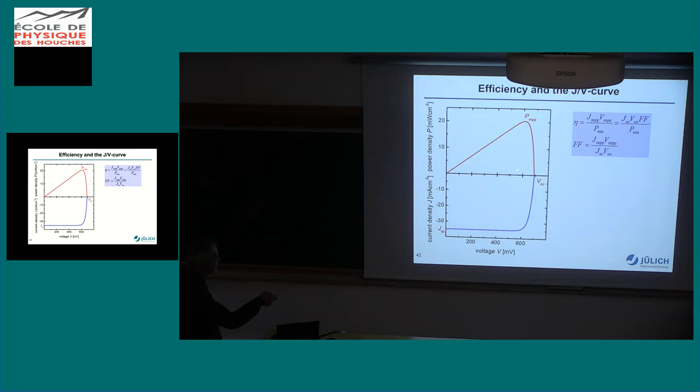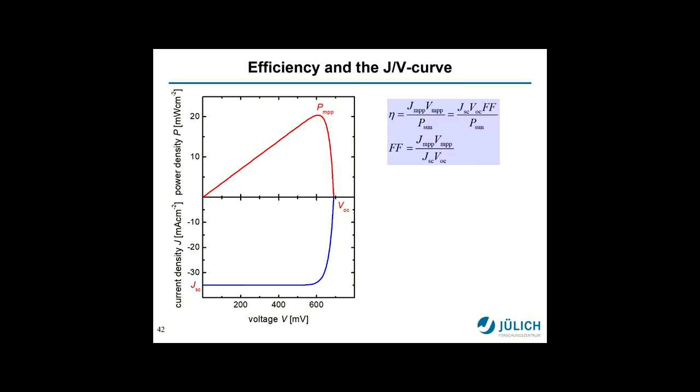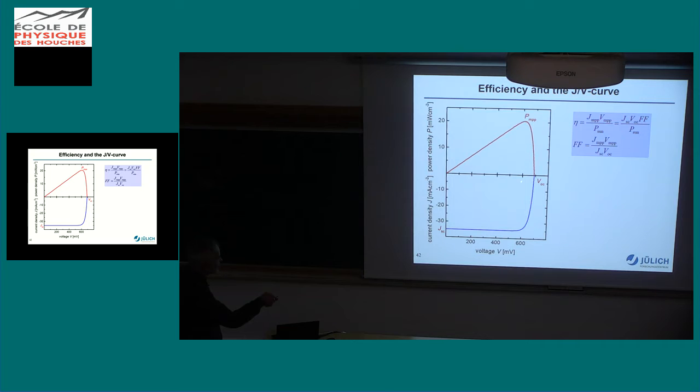And then you have this current density at the maximum, the voltage at the maximum power point, and the short circuit current density at the maximum power point, and the according point is then approximately there.